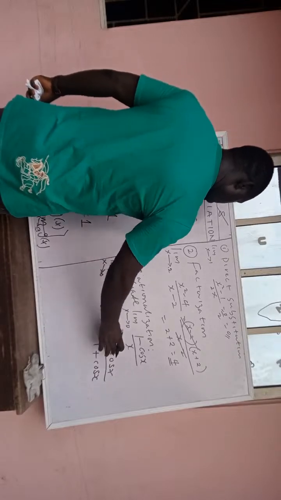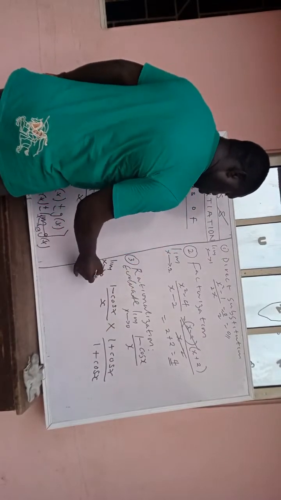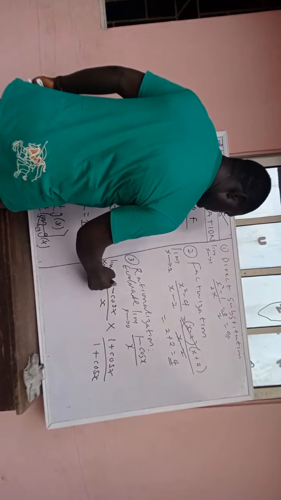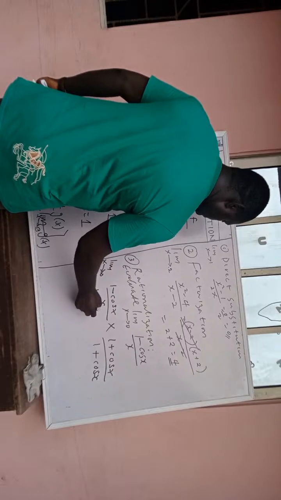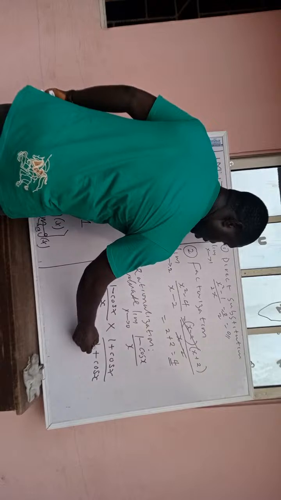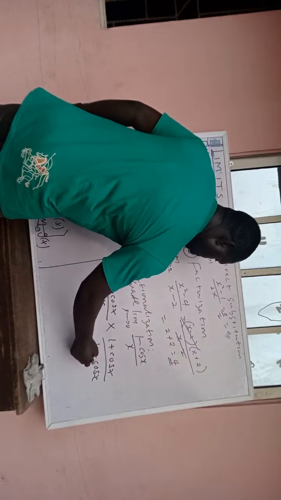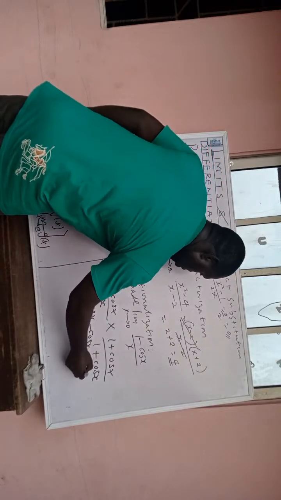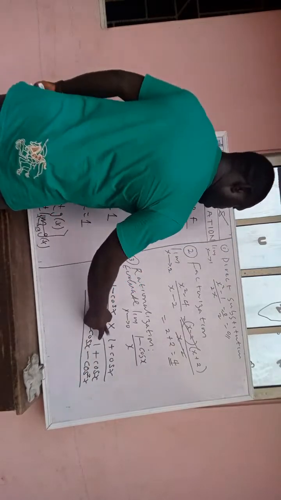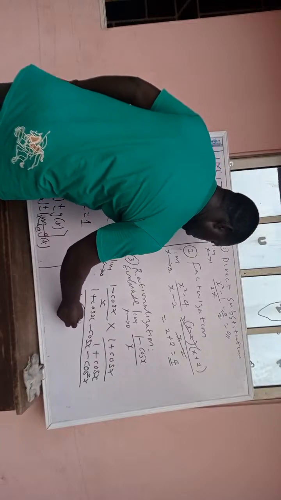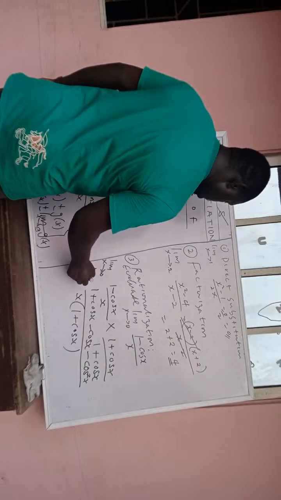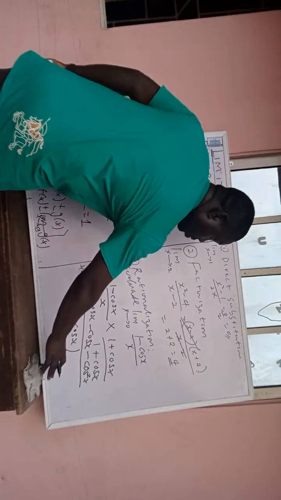If you multiply this by this, we call it a difference of 2 squares. But we have to simplify it calmly. 1 times 1, that's 1. 1 times this, that's cos x. This times this, that's minus this. Minus times plus, that's minus. Cos times cos, that's cos squared x. Then x times this, so we have x times 1 plus cos x. Limit as x tends to 0.